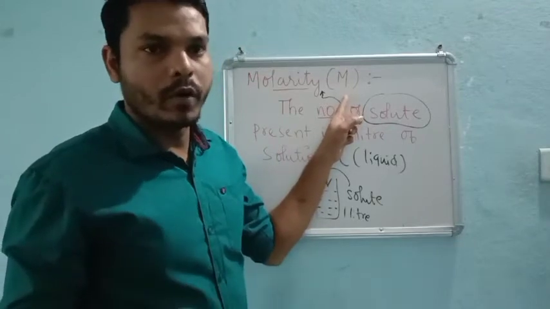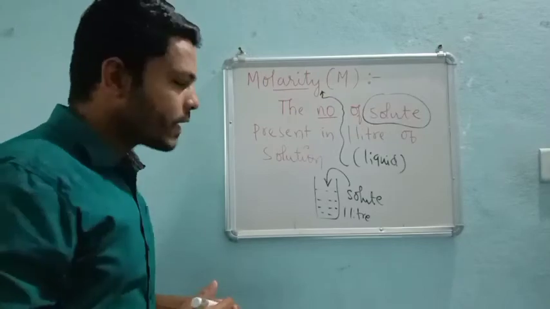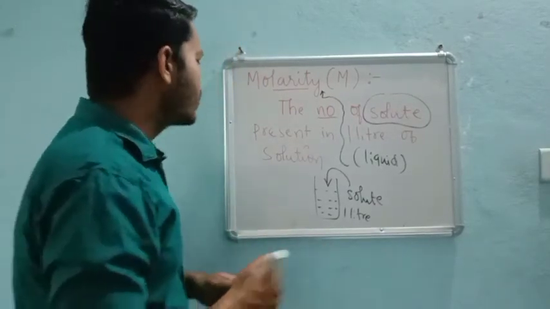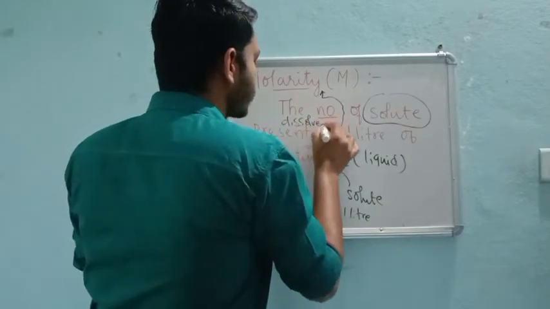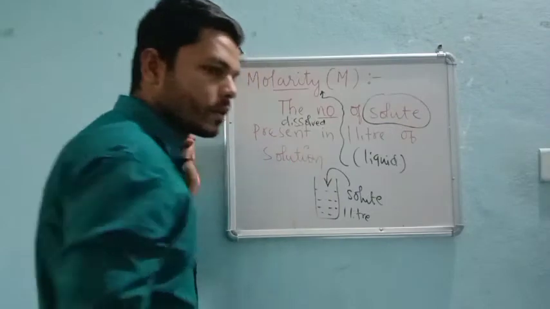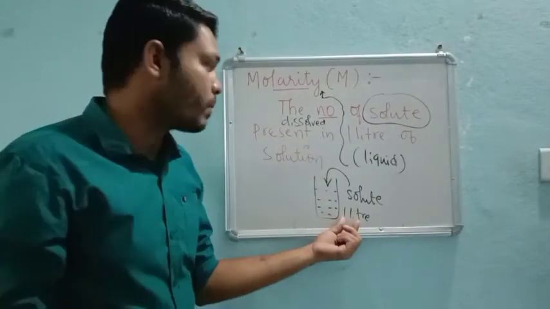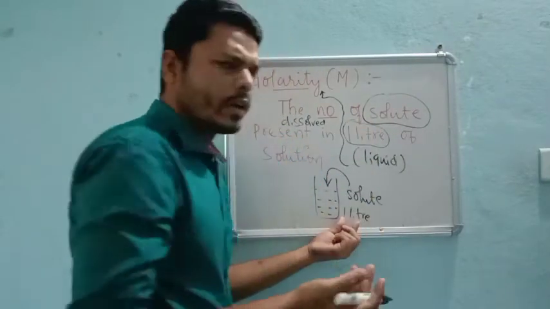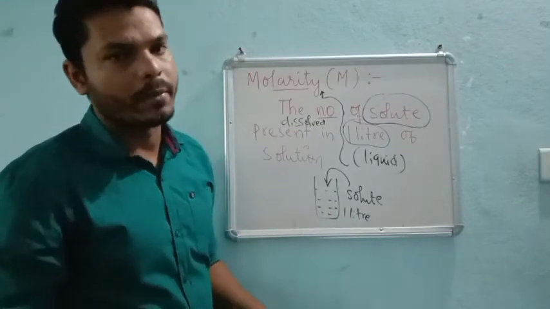right? Very important. Molarity is nothing but the number of solute particles present in, or dissolved in, both are the same, 1 liter of a solution. Solute may be whatever, 2 gram, 3 gram, 4 gram, 5 gram, whatever it may be.